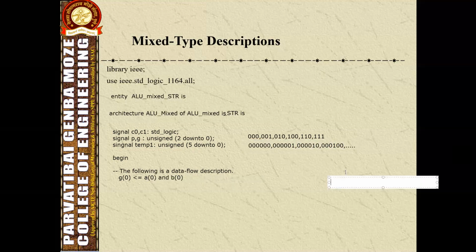So we want to perform the AND operation here. We perform an AND operation of the first bit, G0, and B0.